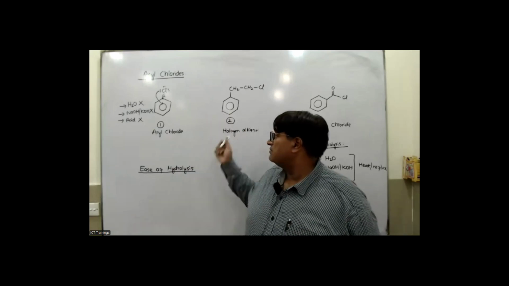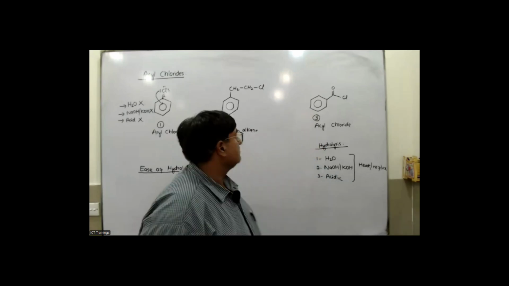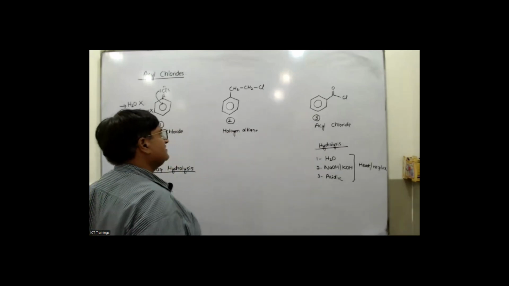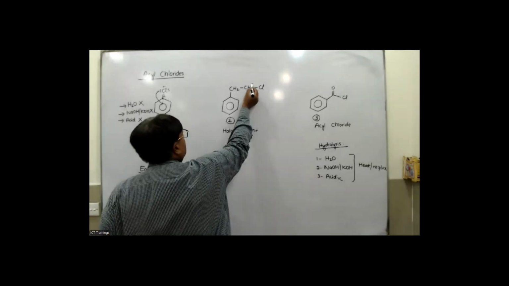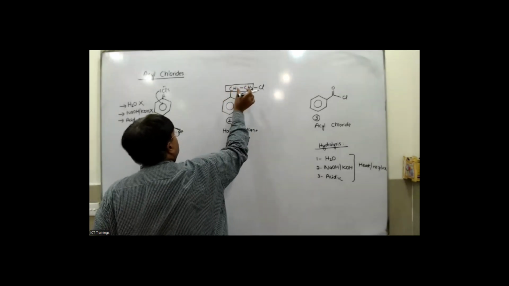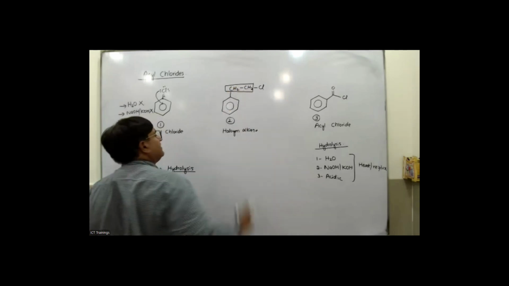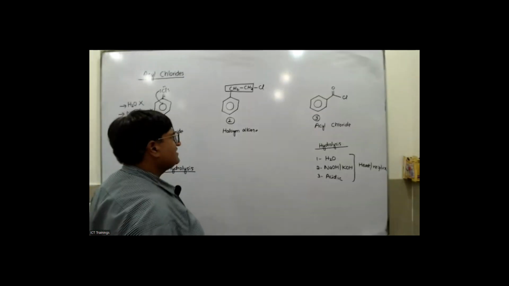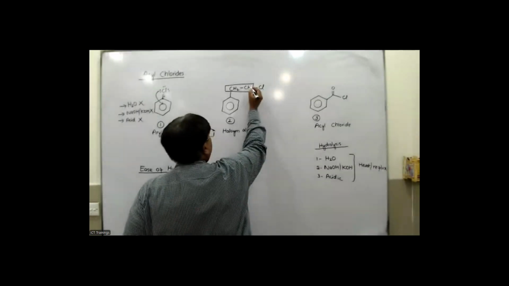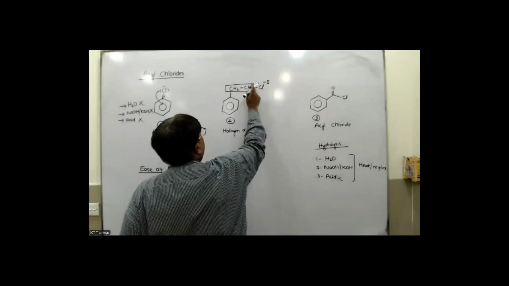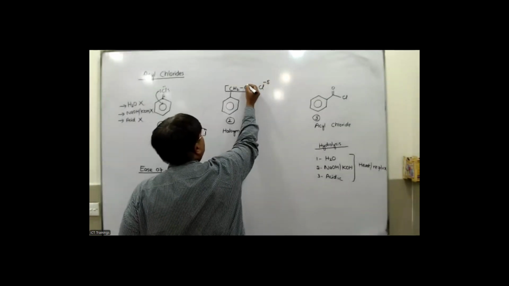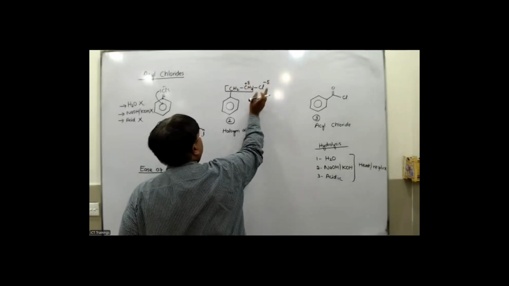Now come towards the halogen derivative. You people have done this in your AS. Here is the carbon and hydrogen chain, so it is the alkyl group or alkane group. The chlorine is partial negative, and this carbon is partial positive.